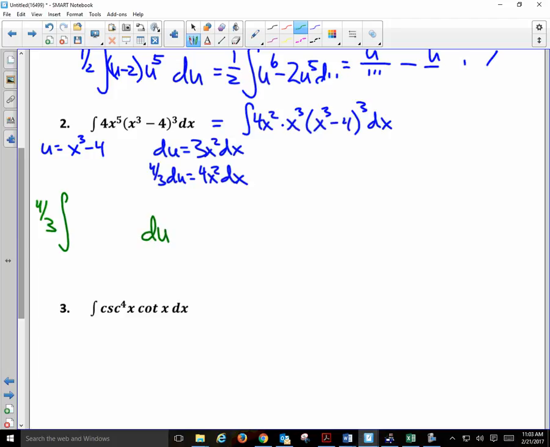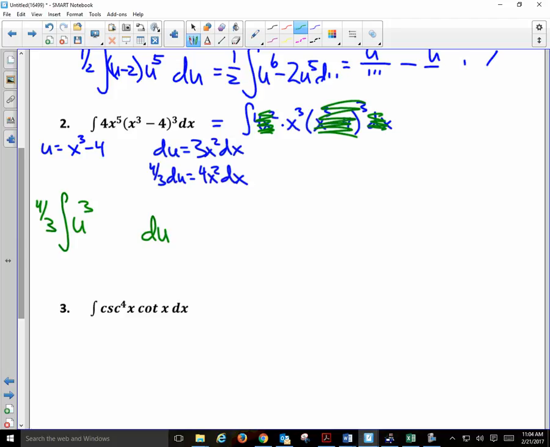What can I get rid of now? 4x squared and dx. And yep, all of u to the 3rd. That gets rid of that guy right there.